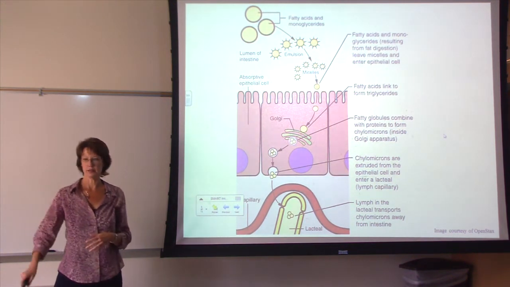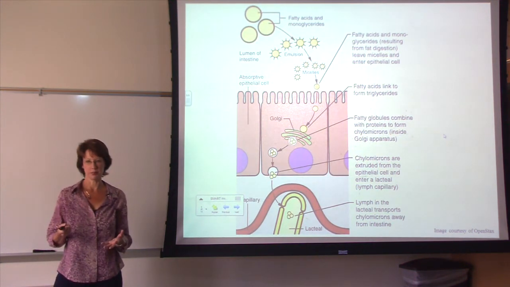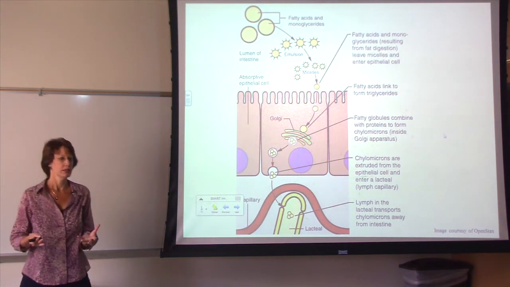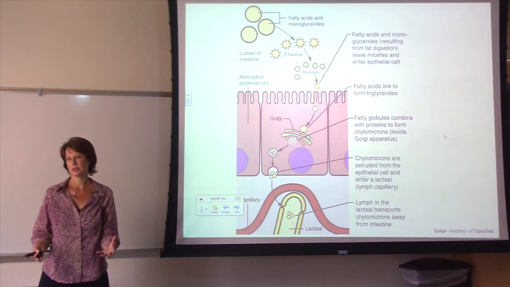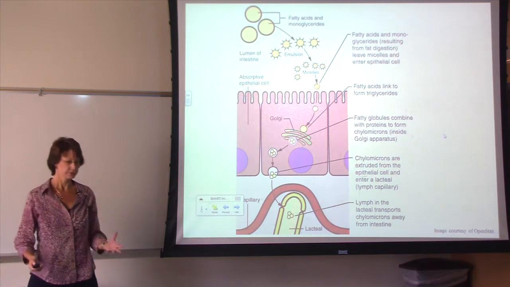So they get taken through the lymph system, eventually get dumped into the bloodstream, and they travel around delivering triglycerides, for the most part, to cells that need fats.